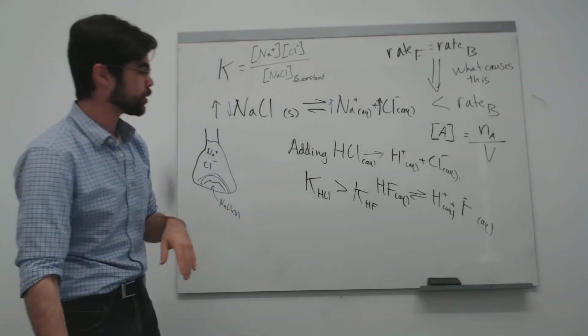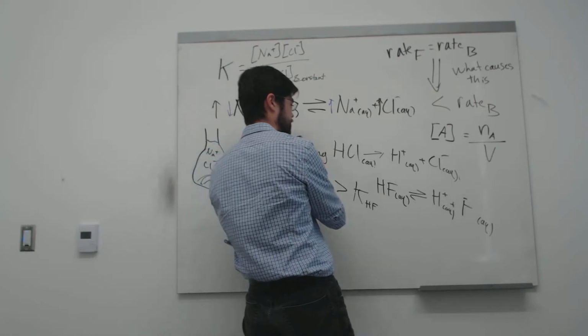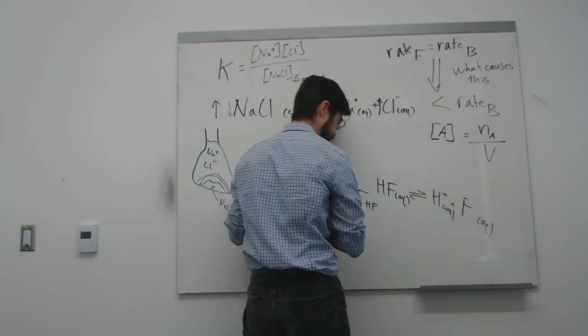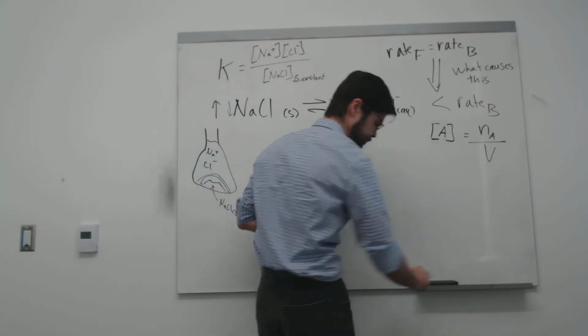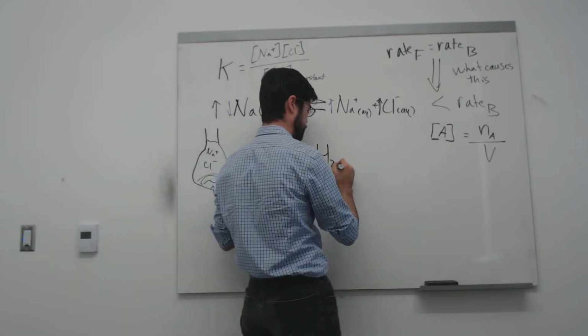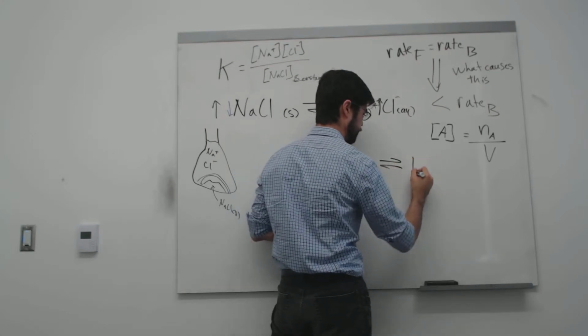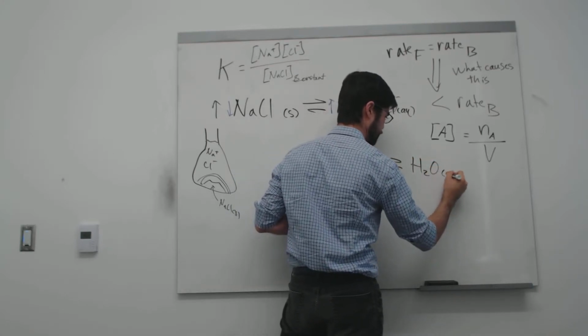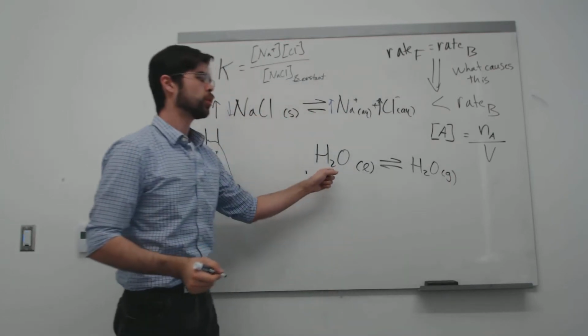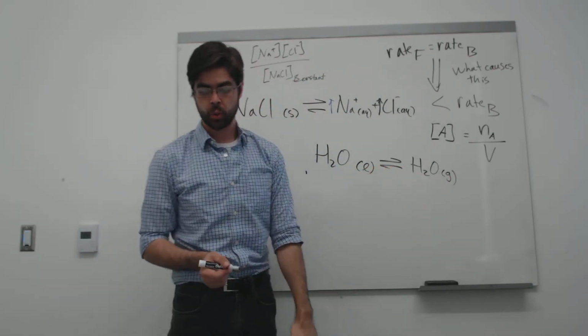Okay, here's another example, or a different way to think about this, if you don't believe me. Consider this equilibrium process. So I have liquid water in equilibrium with gaseous water.